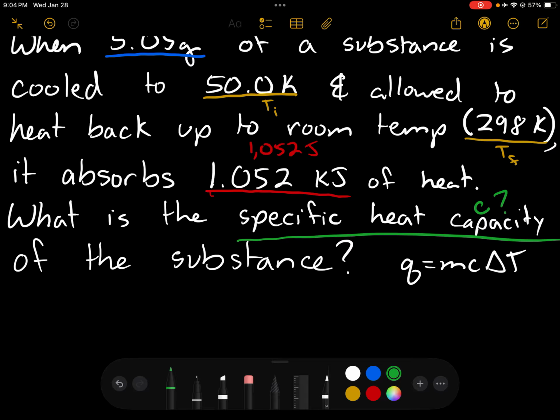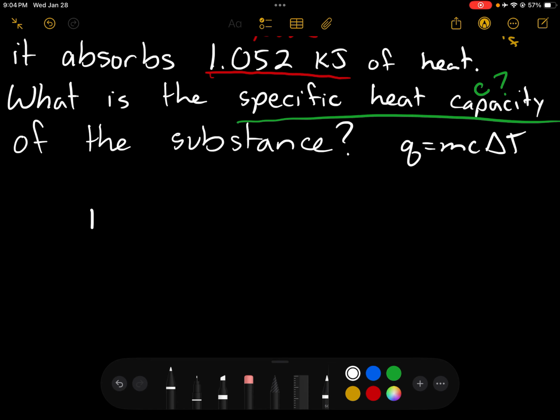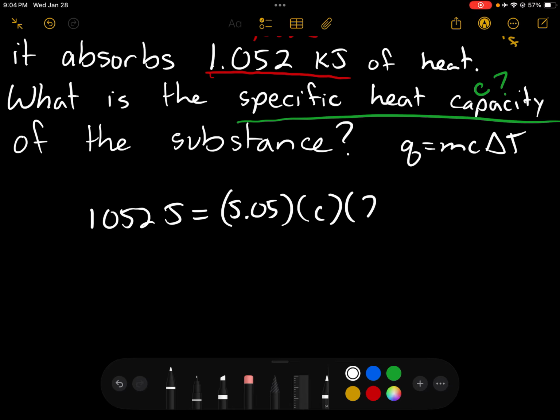That is what I am solving for. So at this point, all I have to do is plug and chug. My 1052 joules is equal to my mass 5.05 grams times my unknown C value times my delta T of 248 Kelvin.